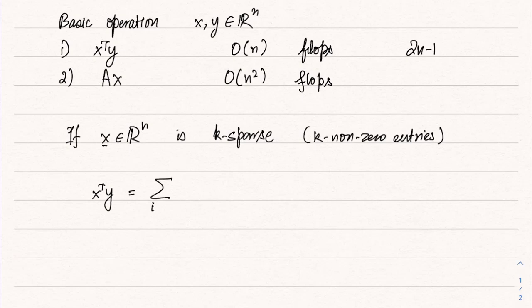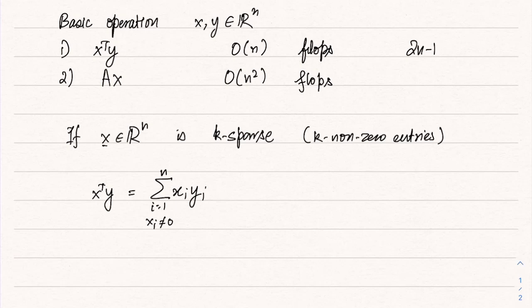Recall that x transpose y is nothing but the summation of xi yi, and when we are carrying out this summation, we may just not consider the indices i where x is 0. Those indices we can just throw away. We carry out the multiplication only for the other indices, because we don't need to really multiply anything by 0.